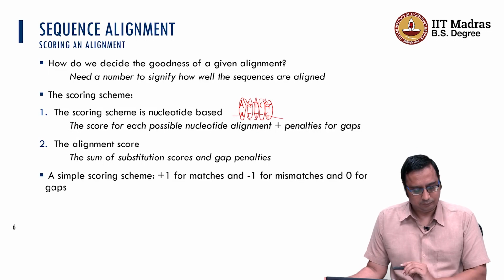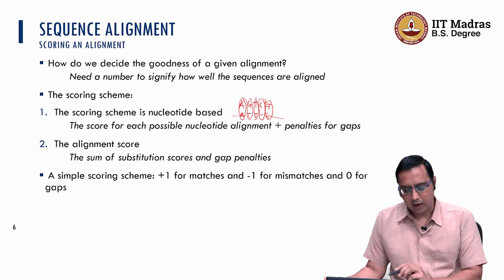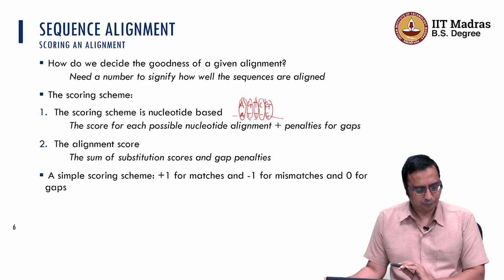Let's take a simple scoring. If there is a match, I will provide a 1. If there is a mismatch, I will give a -1 score. And for a gap, I am not providing any penalty, keeping it equal to 0.